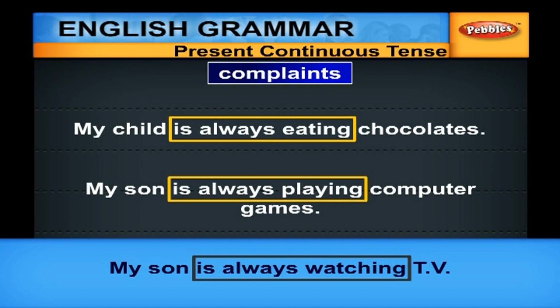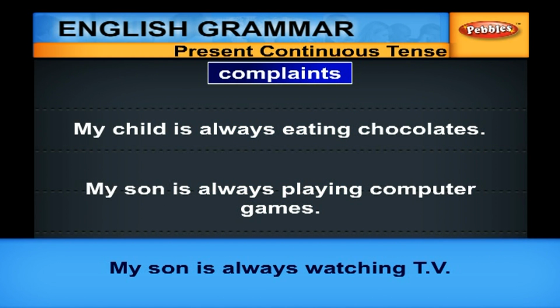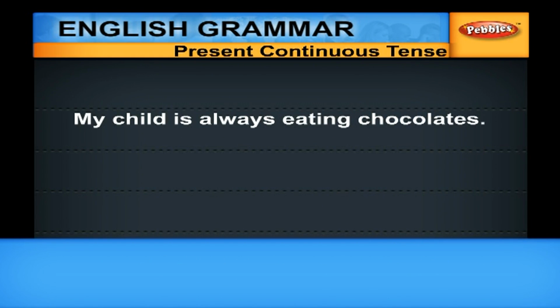When we refer to a habitual action repeated very often and we are not happy about it, we can use continuous aspect or present continuous tense. But you can refer to these actions in simple present also. It is acceptable in both the forms.